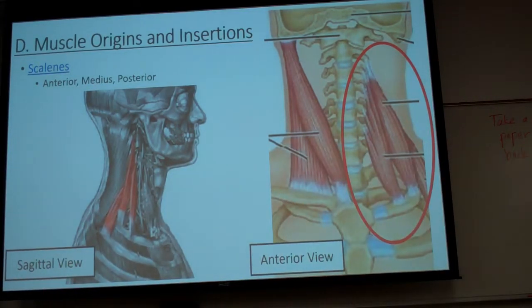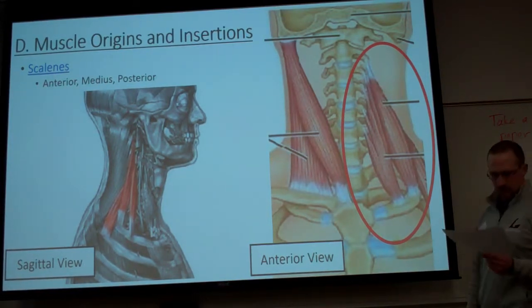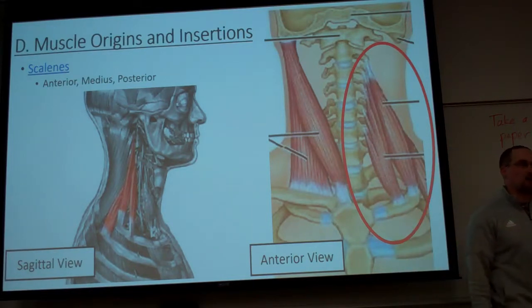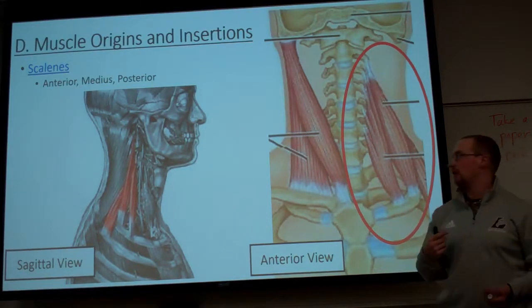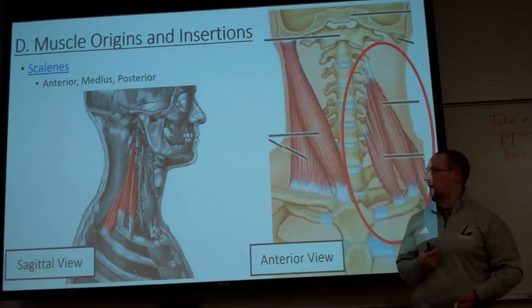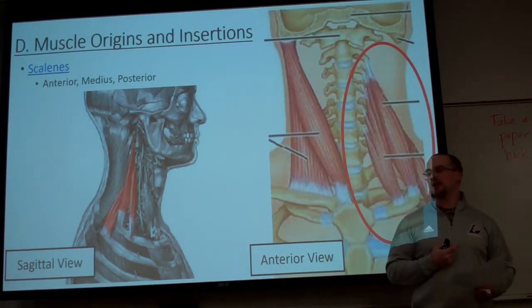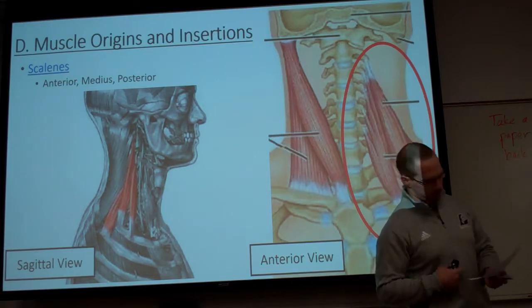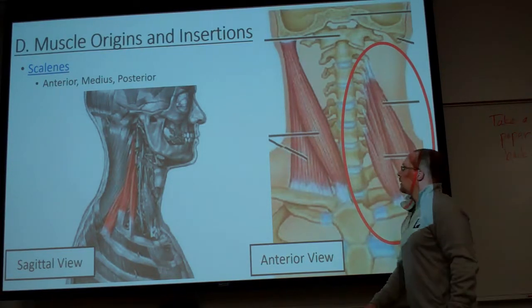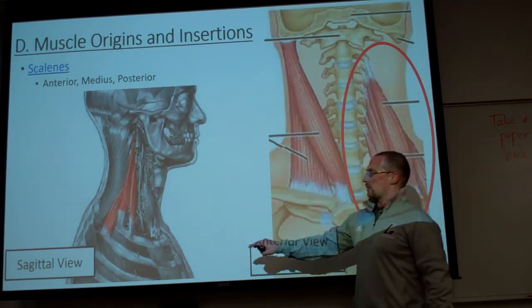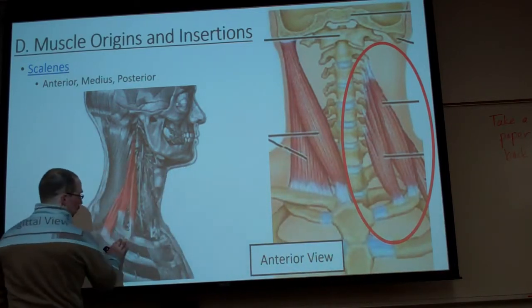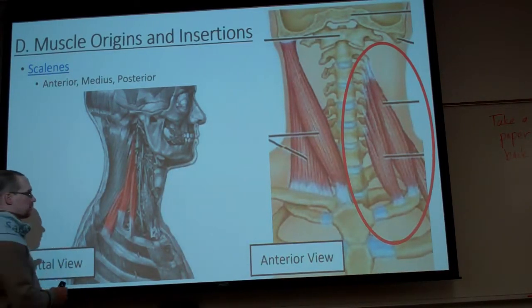Now, this is very similar to the sternocleidomastoid. It does help with neck flexion as we talked about. It helps with neck rotation, but this time it's to the same side. It's going to rotate it to the same side. And finally, based off its insertion points, it's also going to help with forced inspiration.